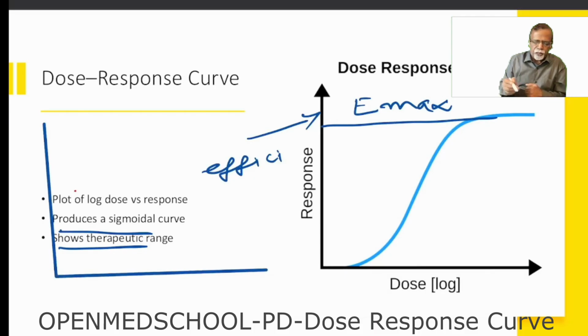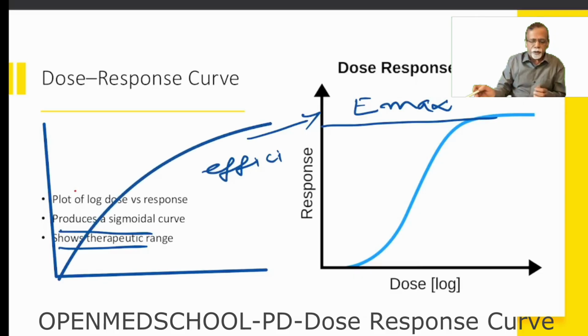With this type of graph, a large graph is required, the initial part of the curve will be compressed, and as the dose increases it becomes widened, and a wide therapeutic range cannot be shown properly. Hope it is clear to you.